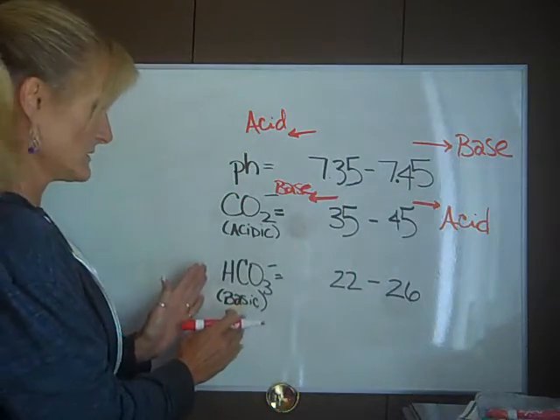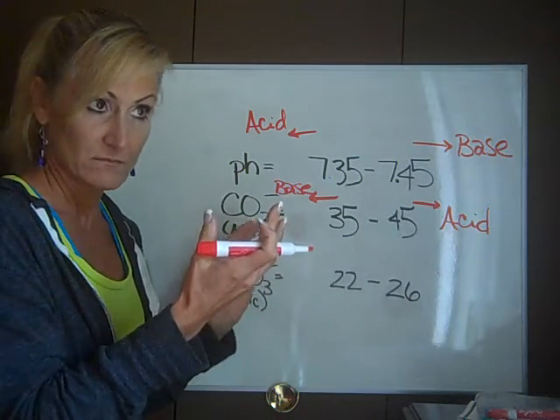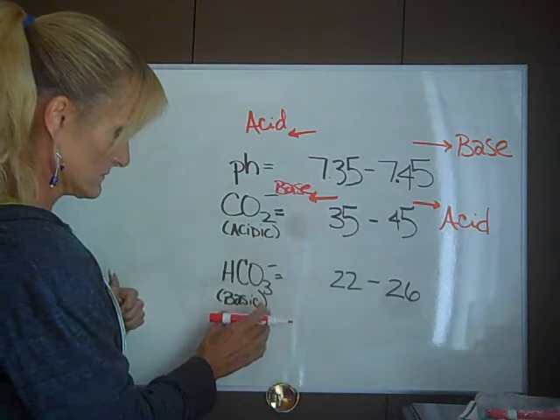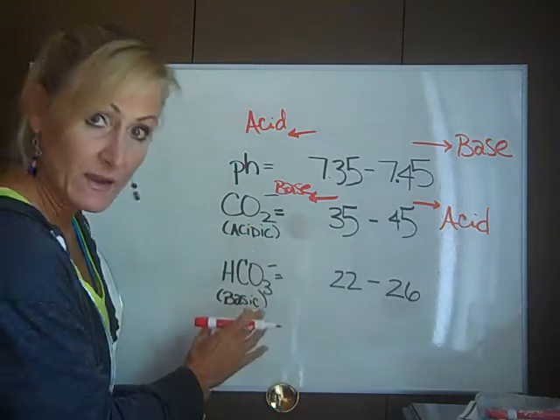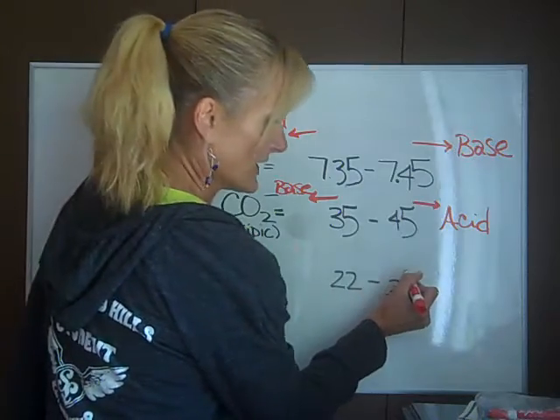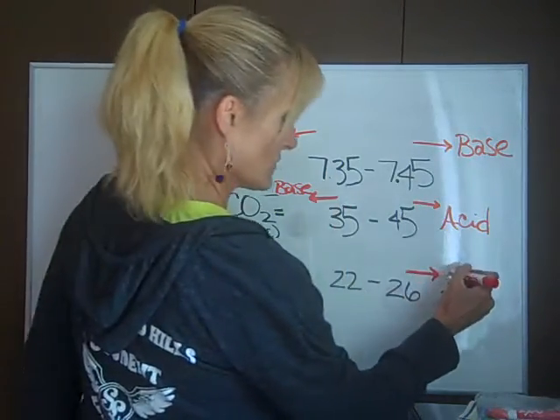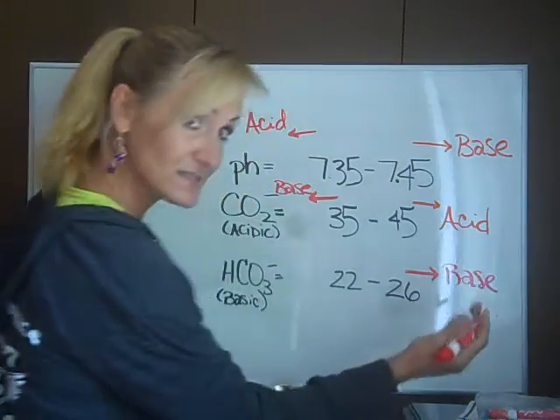Bicarb is a basic element, made of hydrogen and carbonic acid, and the normal range for bicarb is 22 to 26. So when you get higher than 26, that's more base, so this is going to make your patient more base.